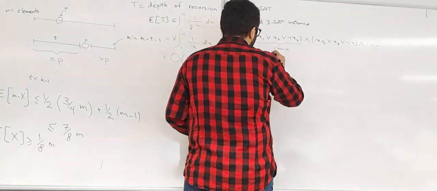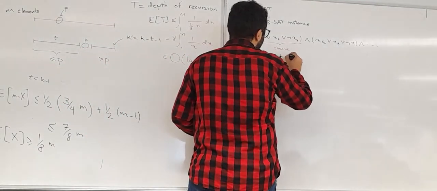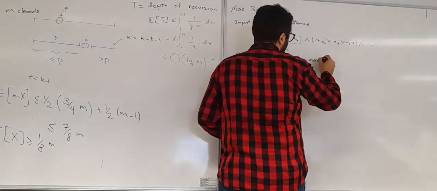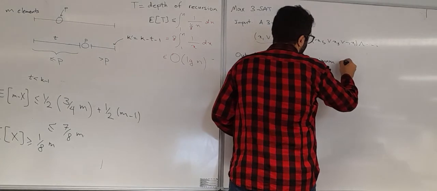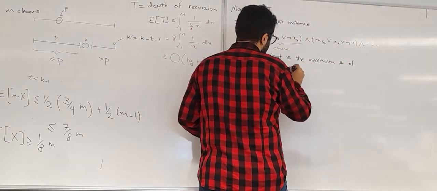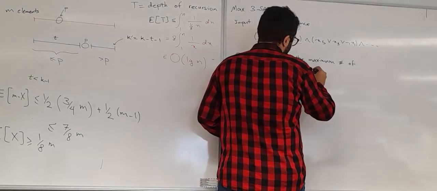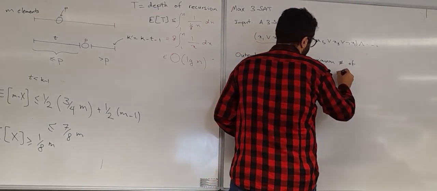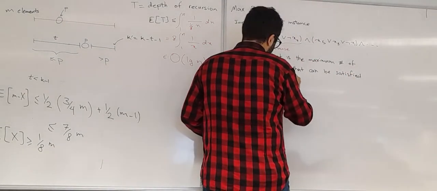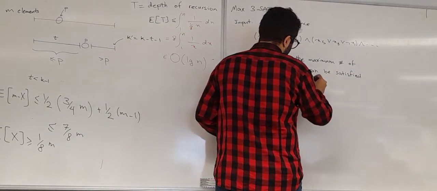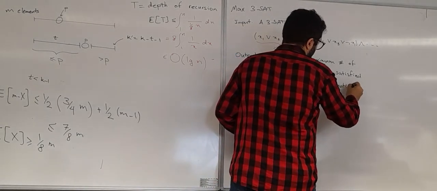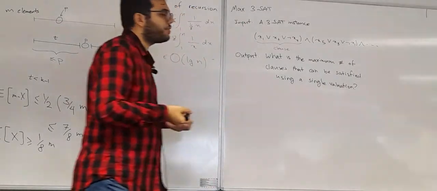Or, if I want to do it without a valuation, I can ask what is the maximum number of clauses that can be satisfied using a single valuation. You can ask for the valuation, or you can ask for the number of clauses.